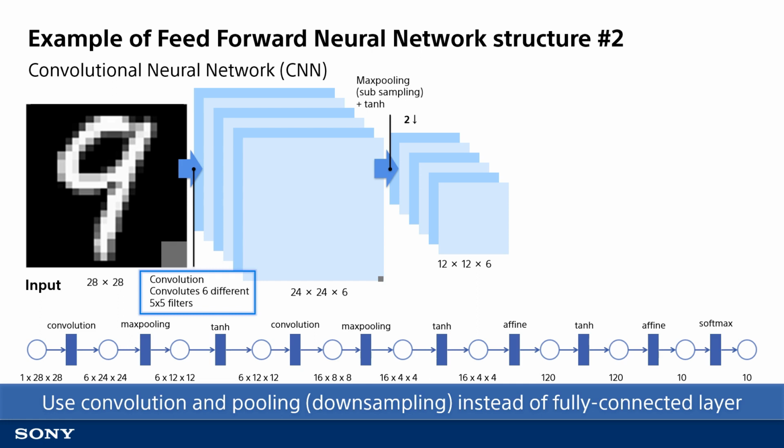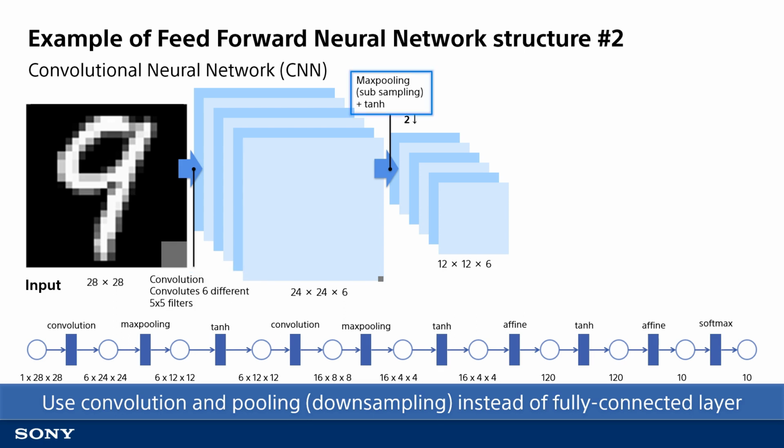If the second filter is a sharpening filter, the second image will appear as if the input image has been sharpened. That's how you would get 6 different images in this example, each corresponding to a different filter. This process is convolution.